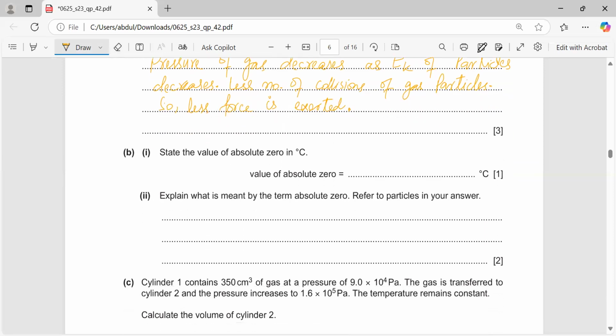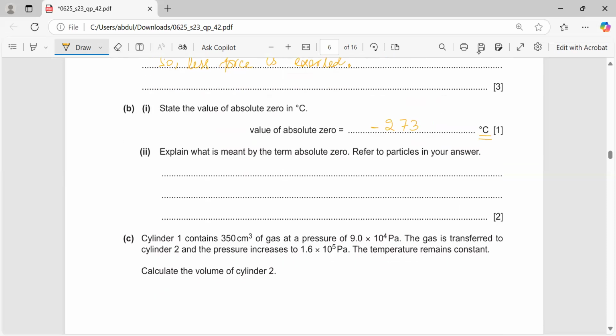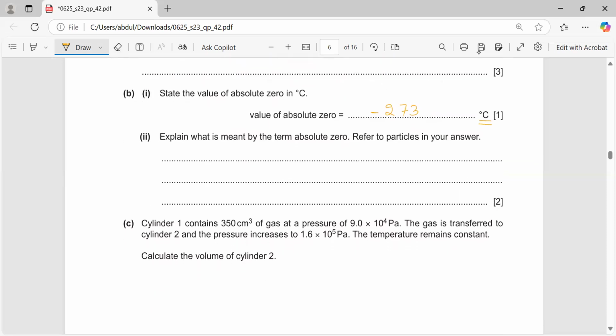Next is state the value of absolute zero in degrees Celsius. Value of absolute zero is simply a recall memory, minus 273 degrees Celsius. Explain what is meant by the term absolute zero. Refer to the particles in your answer.